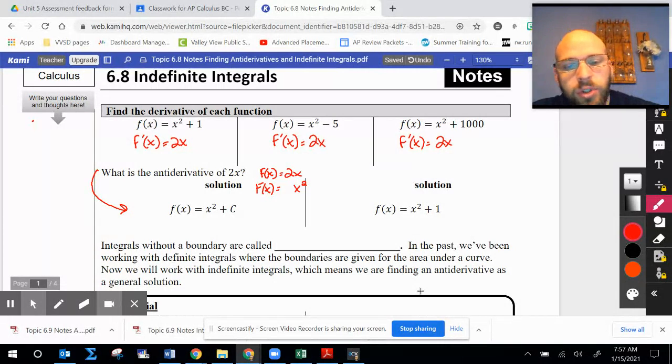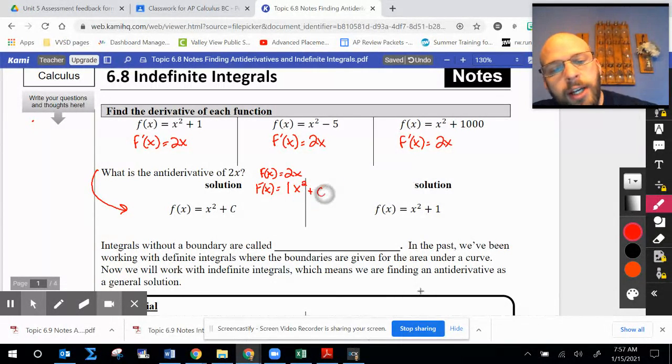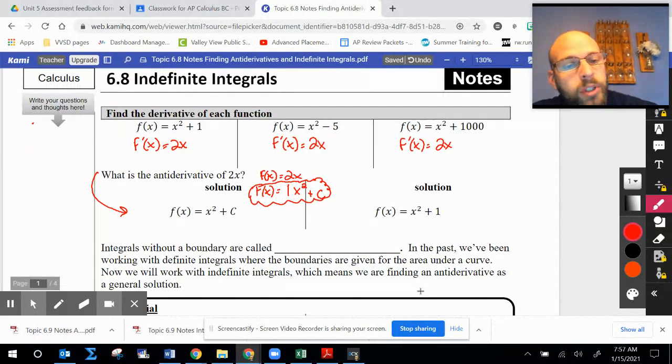But if you multiply 2 by the reciprocal of 2, you just get 1. And we're going to account for a plus c there. The reason being is because we don't know if the original function had a constant or not.